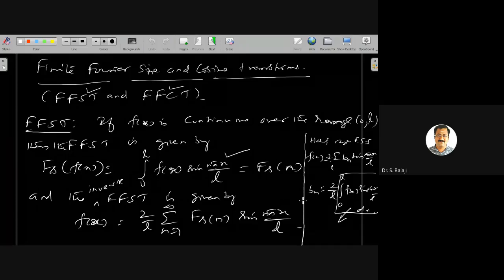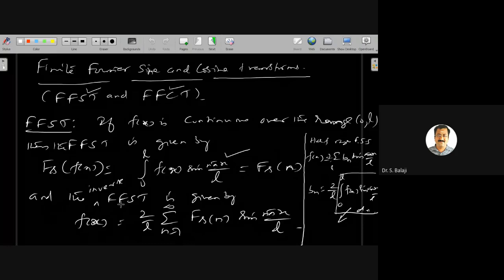Since b_n contains 2 by L, that 2 by L you are missing here, therefore you have to multiply by 2 by L. Therefore, 2 by L summation of F_s of n sin(n pi x by L) considers the inverse finite Fourier sine transform, n equal to 1 to infinity. You are approximating f of x with the help of the Fourier series.